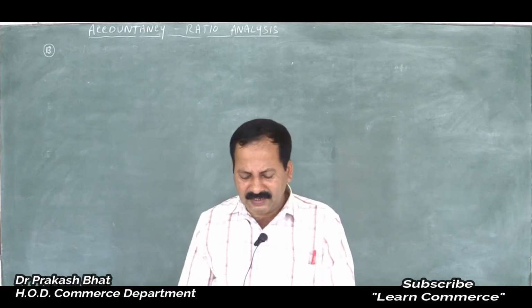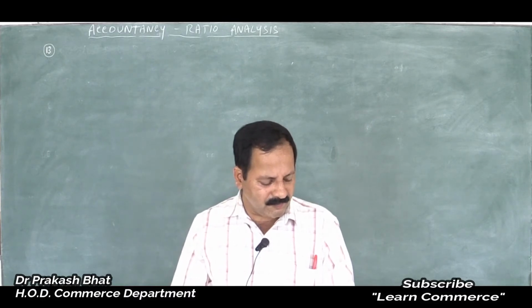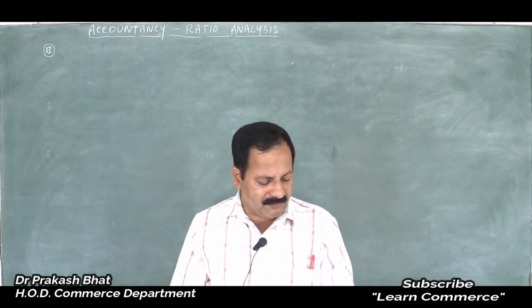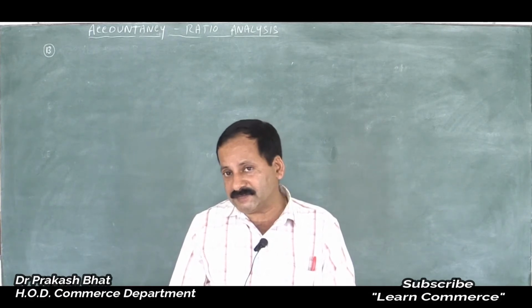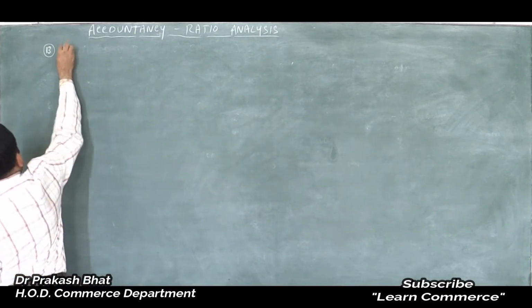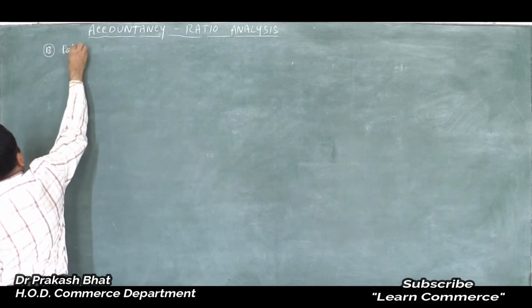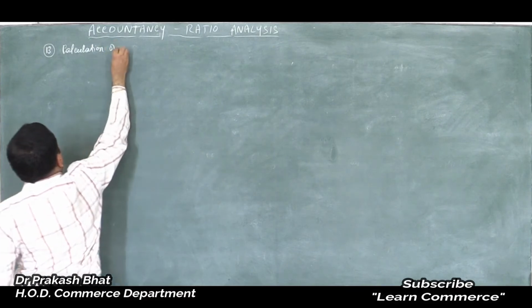First of all, we have to calculate debt to equity ratio. You know the formula, already you have solved the problem on that, right? Debt equity ratio is debt divided by equity, long term debt divided by shareholders funds is the formula. So you should know the formula, remember that is very important. Calculation of ratios.